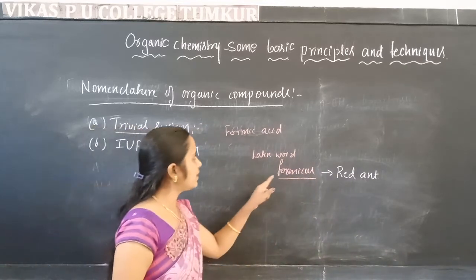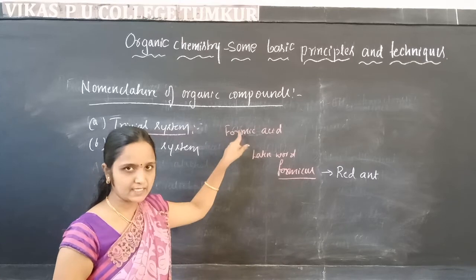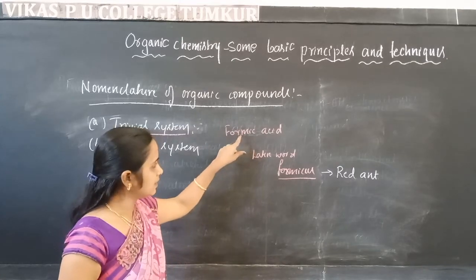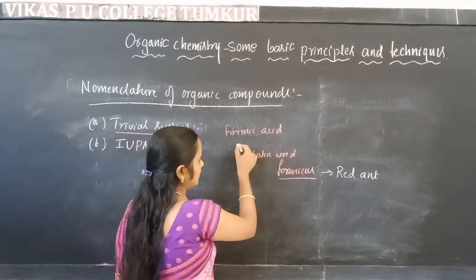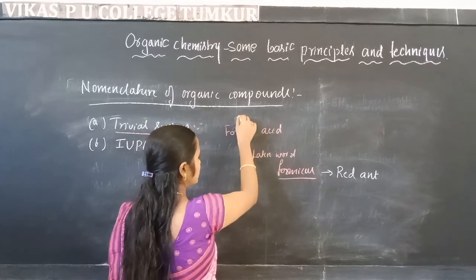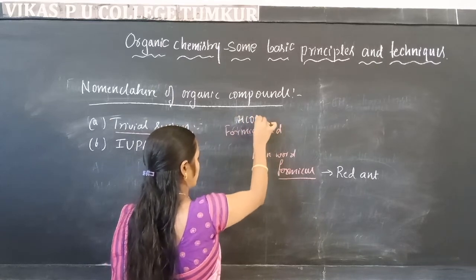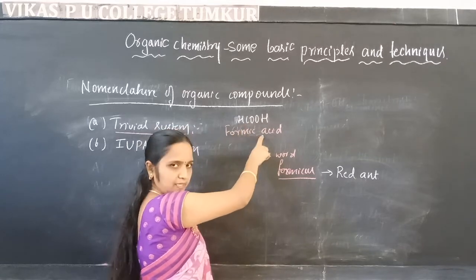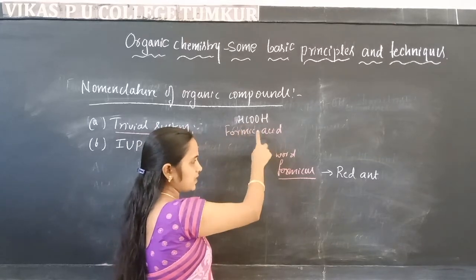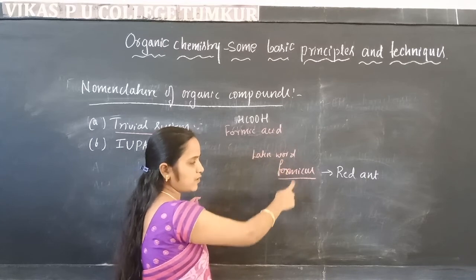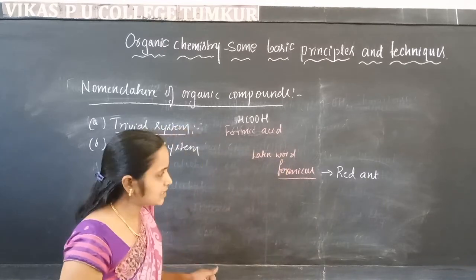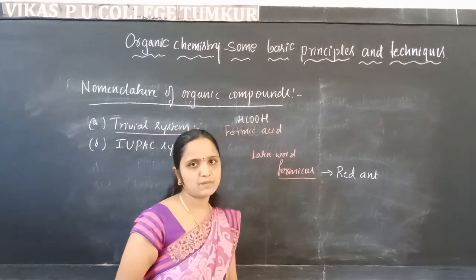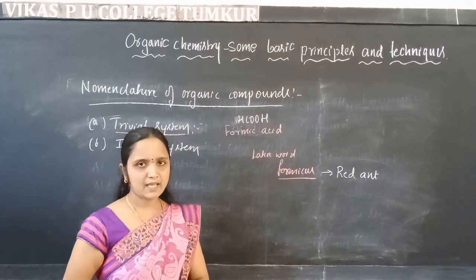Therefore the name formic acid is given to this compound, HCOOH. This word is obtained from the Latin word formicus, which is nothing but red ant.